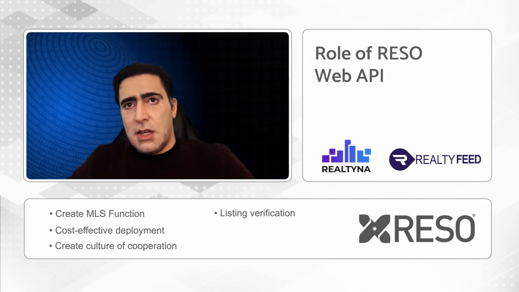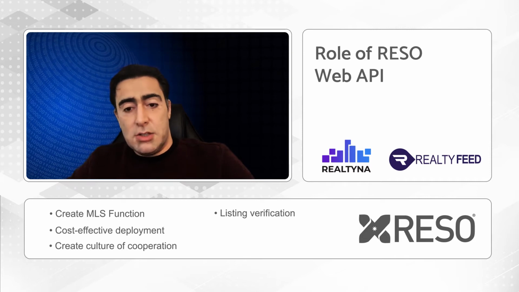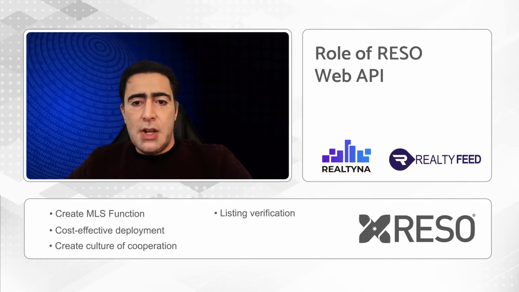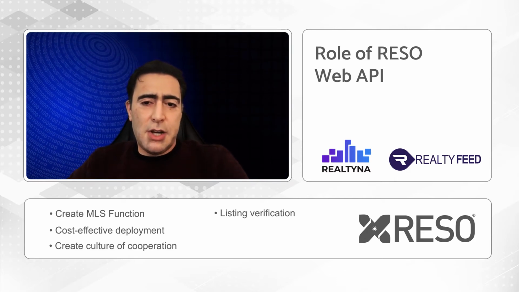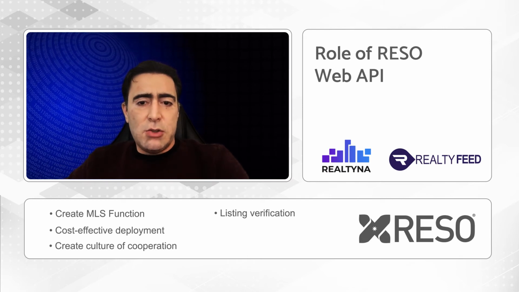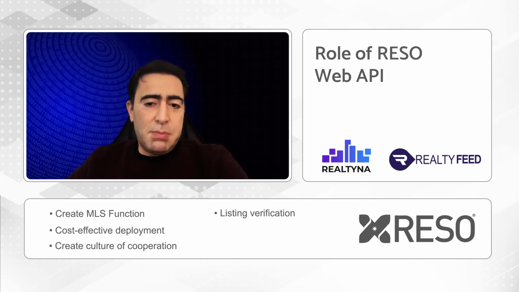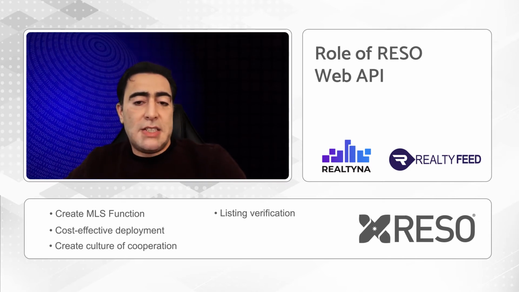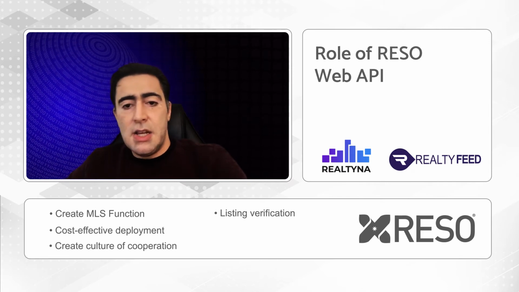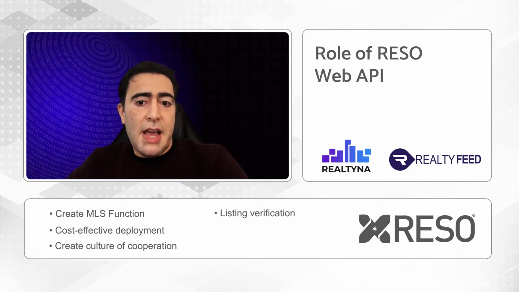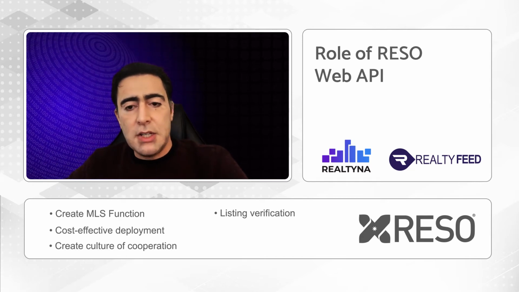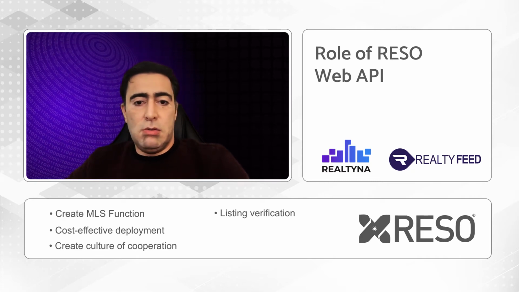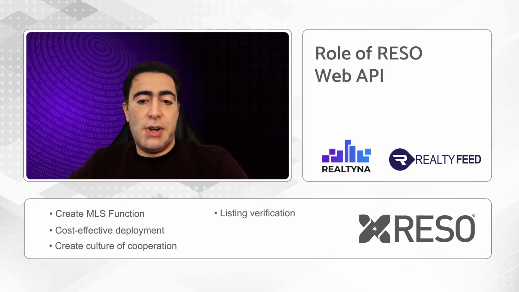And this gives associations leverage to create a code of ethics based on that technology, and at the same time a structure to establish the associations, giving them the necessary power to verify the listings through a system that can help agents, clients, and basically ethical players in the market to avoid double listings or fake listings, which are meant just to be used for lead generation.